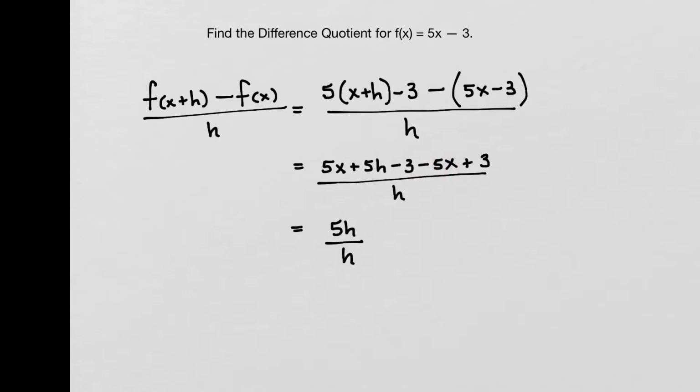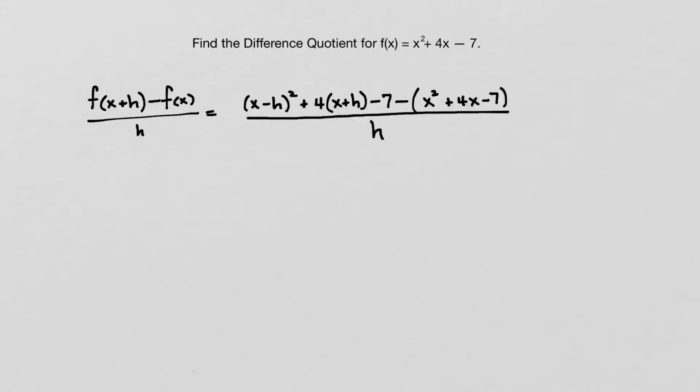There's a lot of terms that'll cancel out, and then minus 3 and a plus 3 cancel out. So that leaves me with just 5h in the numerator and h in the denominator. So at this point I can simplify by dividing both by h, and I get 5 as my answer, which is what I predicted because that's the slope of the line. So that's the answer for this problem.